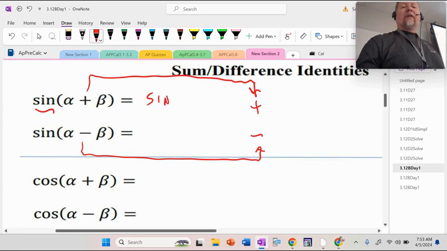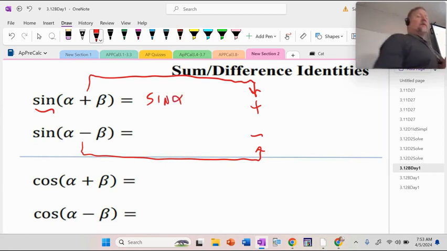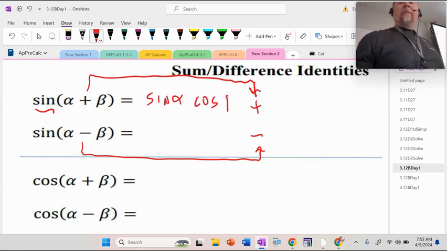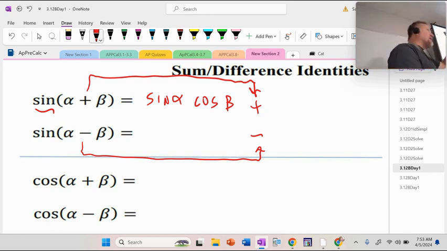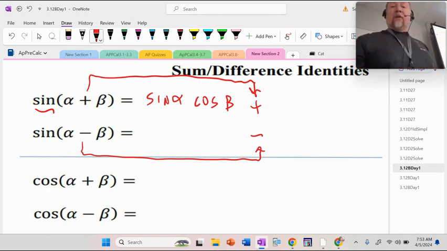That is alpha. So sine of alpha plus beta is sine alpha cosine beta. Okay, so it's sine cosine, and you alternate the angle measures. It's a really easy memorization structure. Then the next one is plus sine, well, I did sine alpha here, so now this is sine beta.